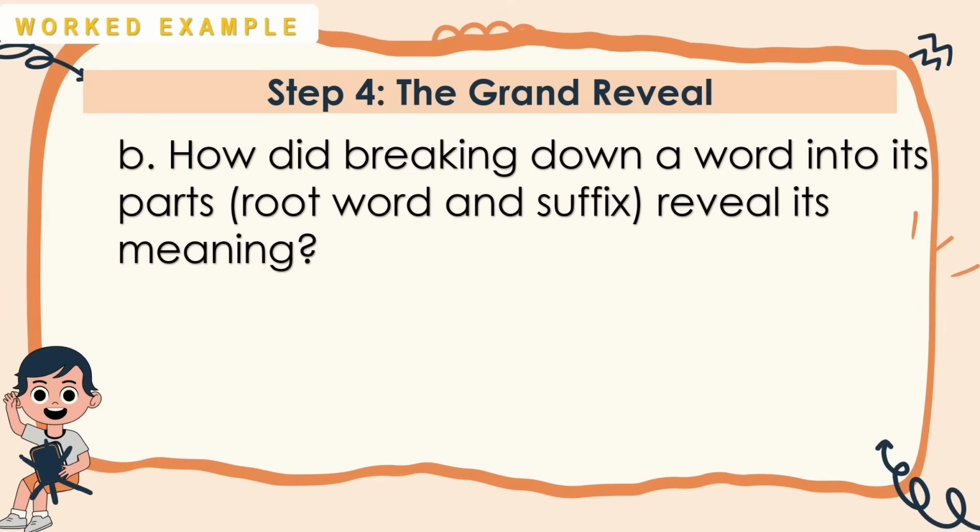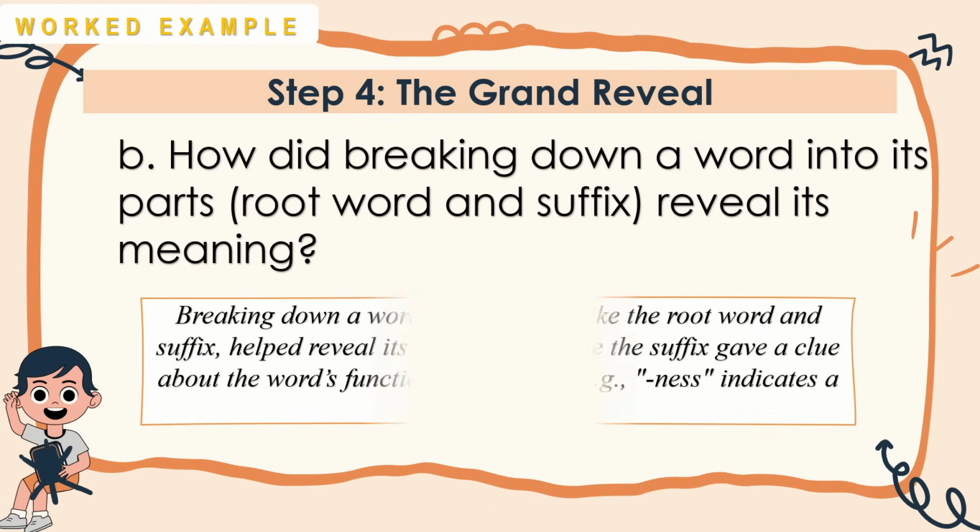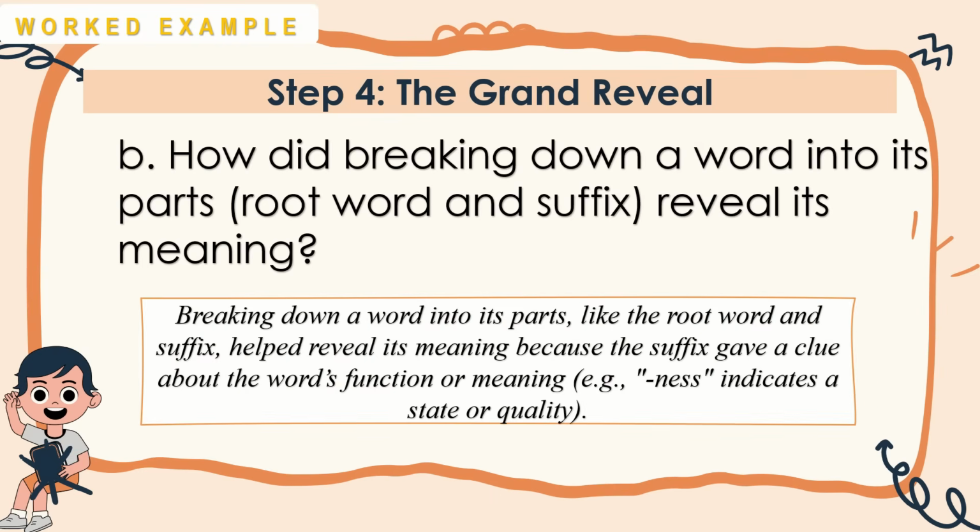How did breaking down a word into its parts, root word and suffix, reveal its meaning? Very good. Breaking down a word into its parts, like the root word and suffix, helped reveal its meaning because the suffix gave a clue about the word's function or meaning. Example given, ness indicates a state or quality.